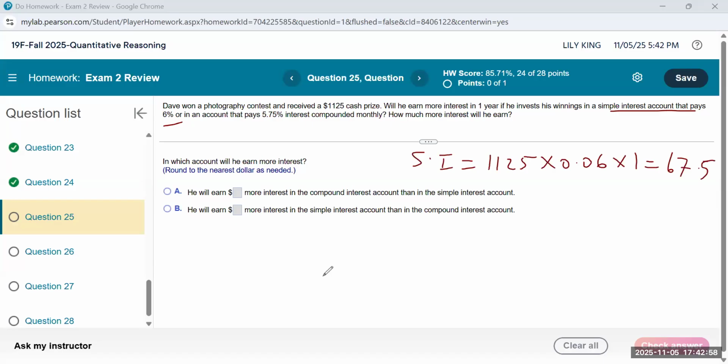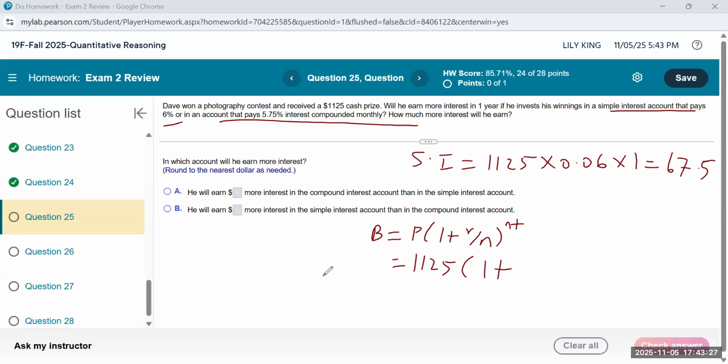Now the other option is an account that pays 5.75% interest compounded monthly. So because of the compounding, we need to find the balance using the compound interest formula. And then subtract the principal from the balance to get rid of the interest. So we have still 1125. 1 plus the rate is 5.75%.